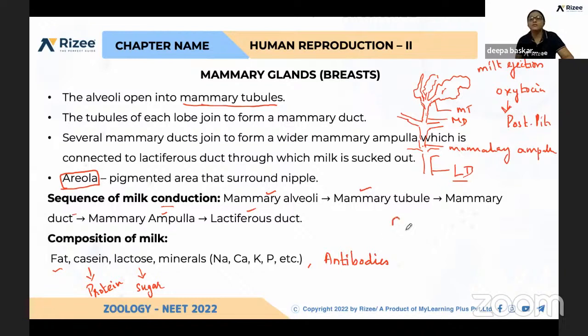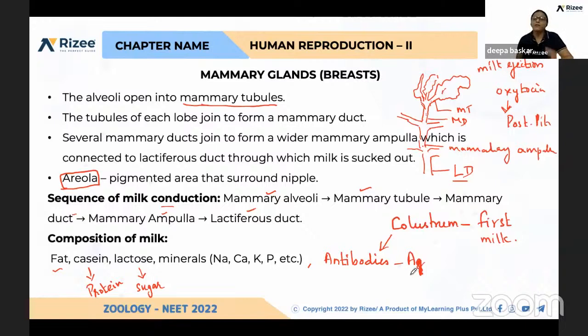What is colostrum? First milk. The first thick yellow milk which is produced is called colostrum, and this is rich in antibodies. So all the types of antibodies are present in colostrum, and that is mother's milk.